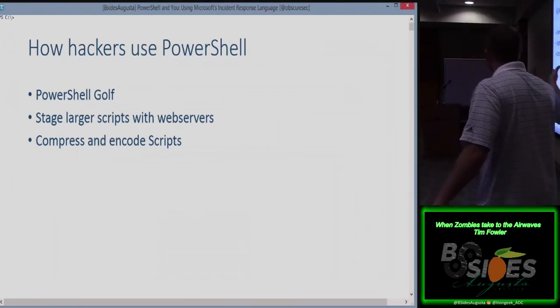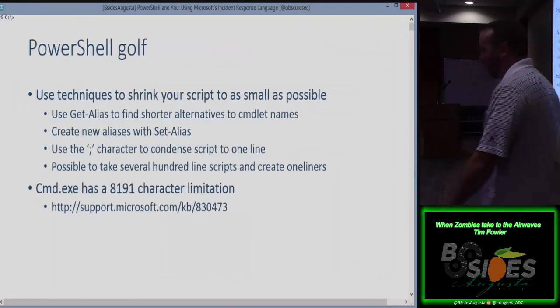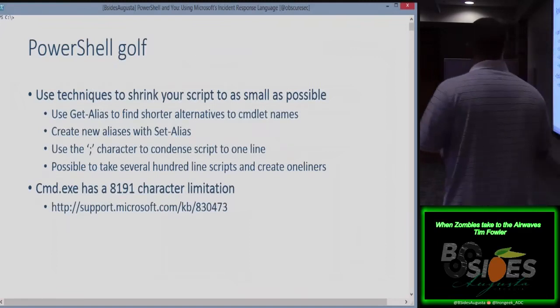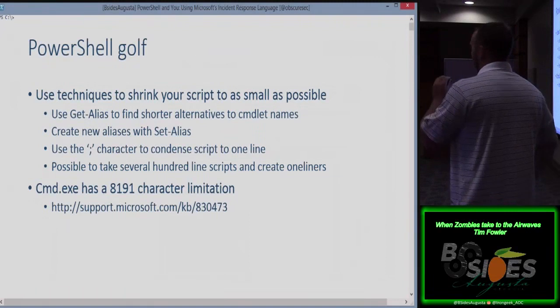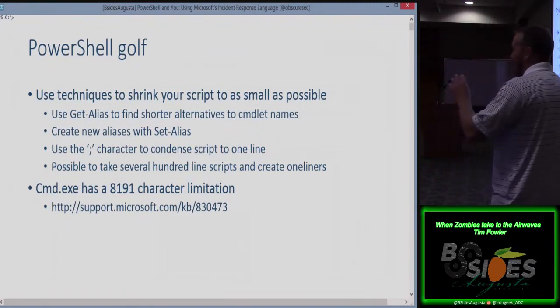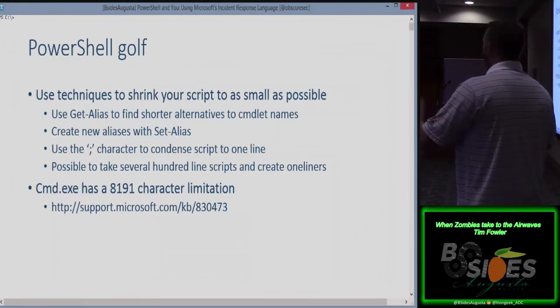There are different ways to do it. You could stage the script on a web server and use that block that I showed you before to download it and execute it. Alternatively, you could compress and encode the script, but I like PowerShell Golf. PowerShell Golf is like Python Golf or Ruby Golf. It's just using Get-Alias to find and Set-Alias to create your own aliases that are 1 character long to do things that you'll see.